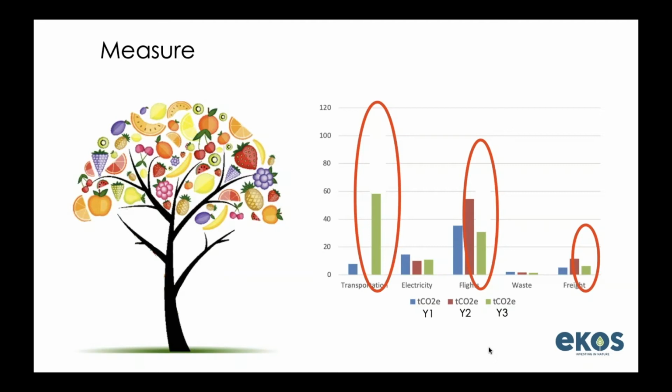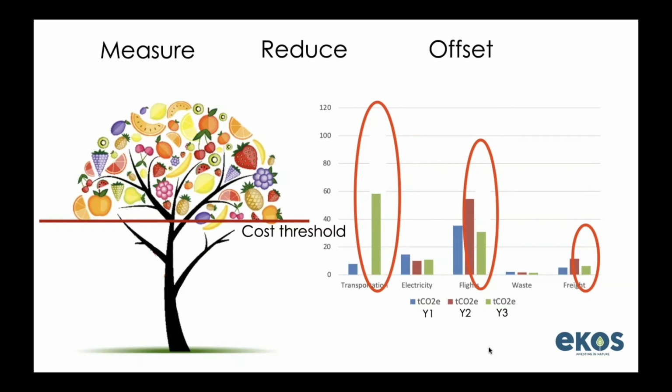Now, if we tried to go zero carbon by harvesting all of the emissions fruit on our own tree inside our own business, it's very likely to get prohibitively expensive, and we won't be able to afford to do that while staying in business. So there is a cost threshold in the harvesting of emission reductions in our business. And this is where carbon markets are very handy, because what they enable us to do is to offset our emissions.